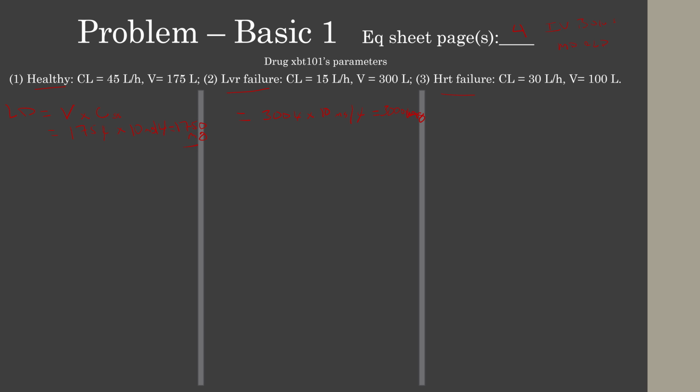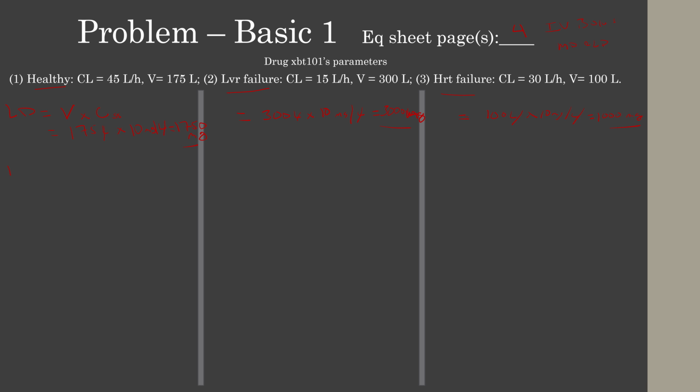And then finally, if we do our calculation here for the heart failure patient, we're looking at 100 liters times 10. So you can see the loading dose differences between the 3. The healthy patient gets the one in between. The liver patient gets a higher dose. The heart failure patient gets a lower dose.